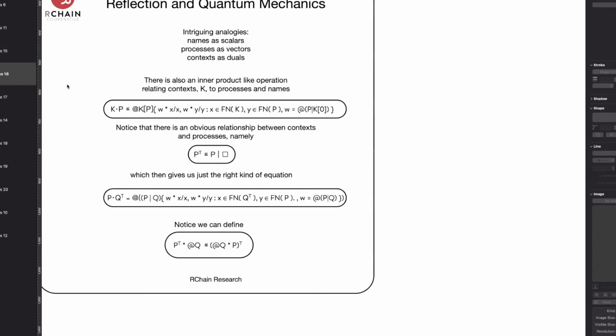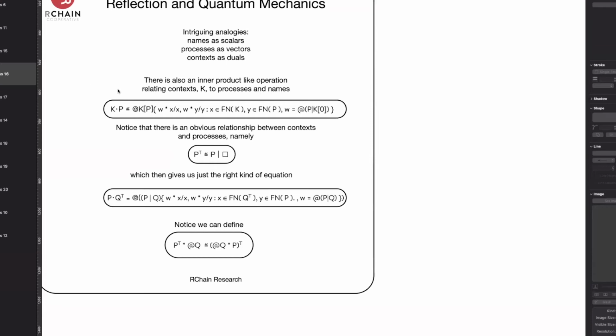Okay. So notice that we can also define something a lot like inner product. And the way to do that is, if we take a context, a context is going to be like a dual, so a one-hole context, right?